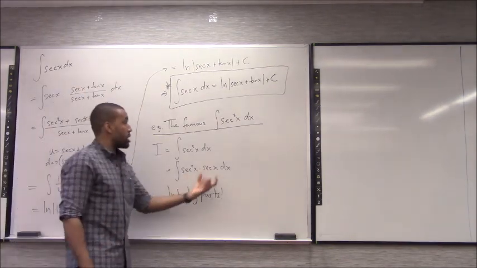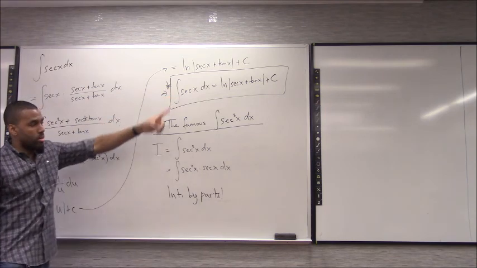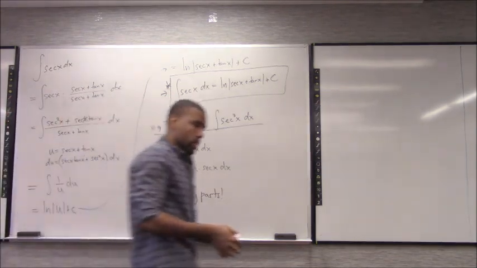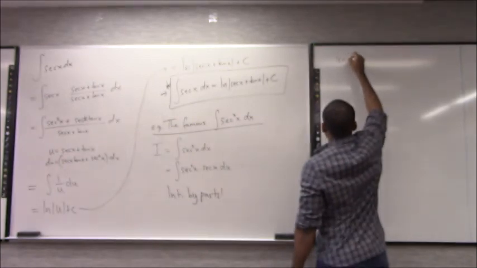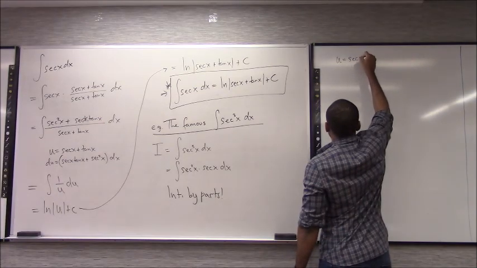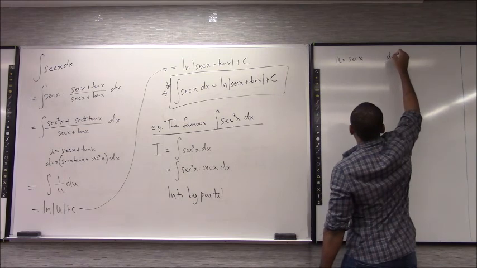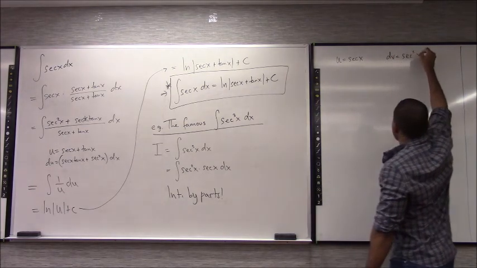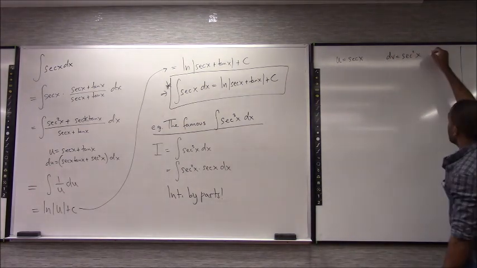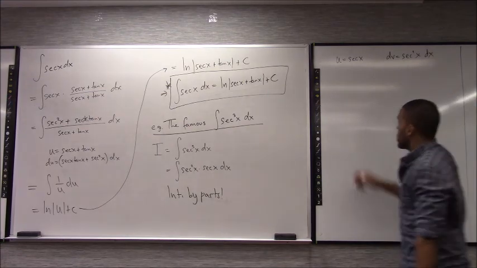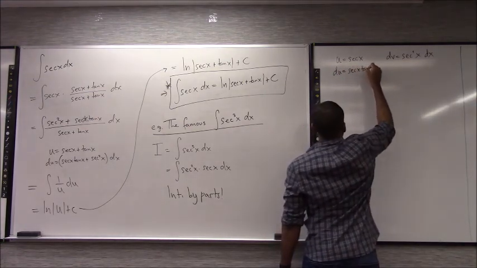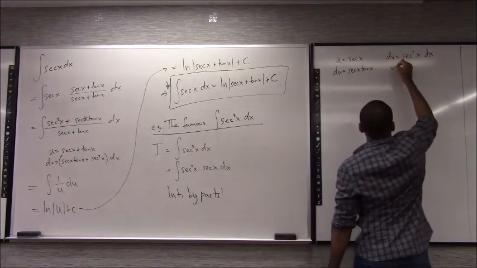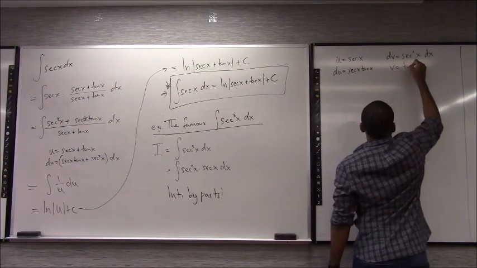And you can probably piggyback on one of those rules. The integral of secant we also know because we just derived it. So the standard way here is u equals secant, and dv equals secant squared. So your du is secant tangent, and your v is just tangent.